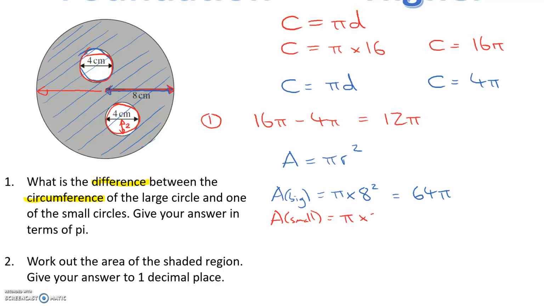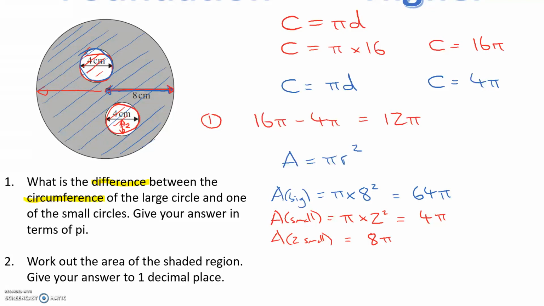So we need pi times 2 squared, which gives us pi times 4, or 4 pi. But obviously we've got 2 of these circles, so we need to subtract the area of 2 of those circles. The area of 2 small circles is just 2 lots of 4 pi, which is 8 pi.